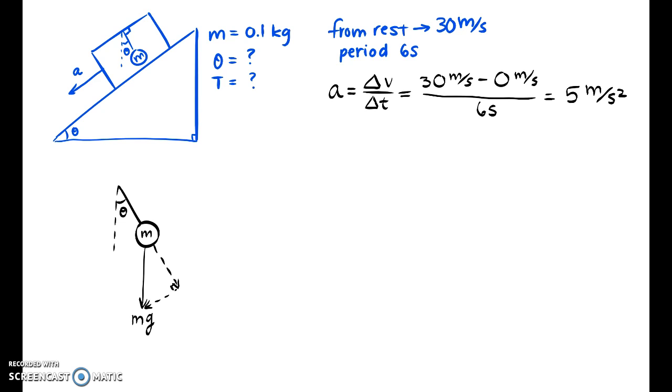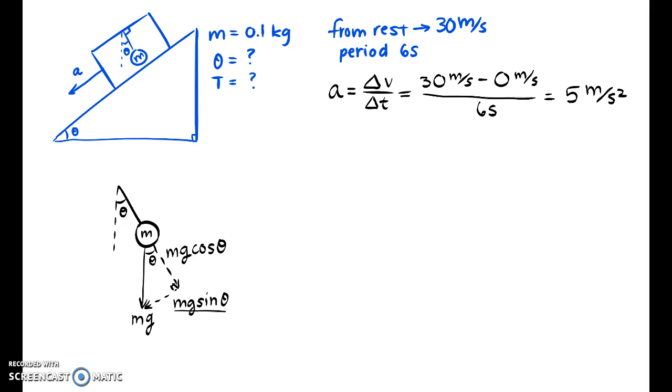We can see that this angle is theta, so the component perpendicular to the plane surface is mg times cosine of theta, and the component parallel to the incline is mg times sine of theta, since mg is the hypotenuse here. So the only force that causes an acceleration downwards in the same direction as a comes from mg sine of theta.